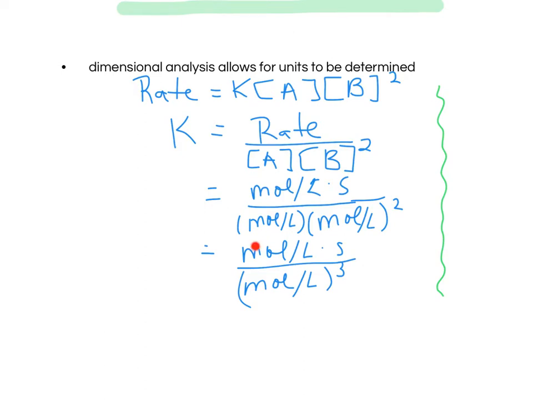We're just dividing a fraction. Moles per liter per second is a fraction, and then we're dividing it. So if I had 1/2 divided by 3/4, in order to work that out, I would need to take the second fraction, invert it, and multiply. So we're going to do a little bit of that in the next step. So stay tuned.